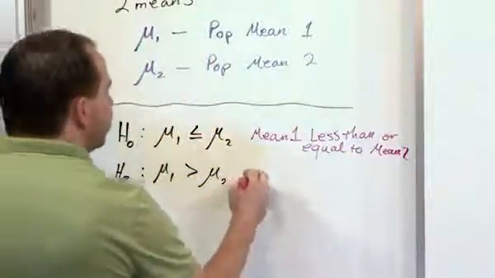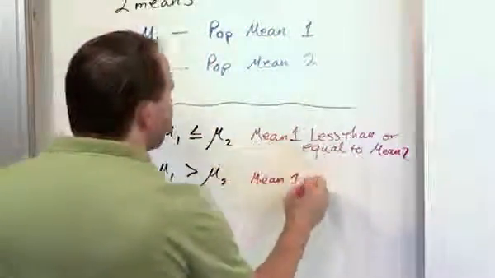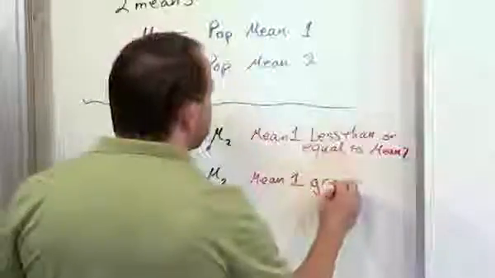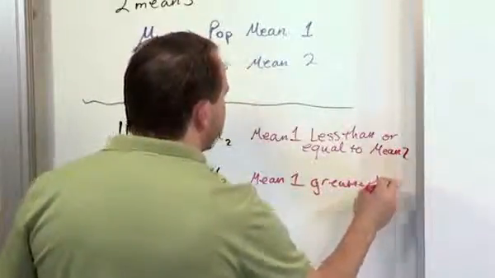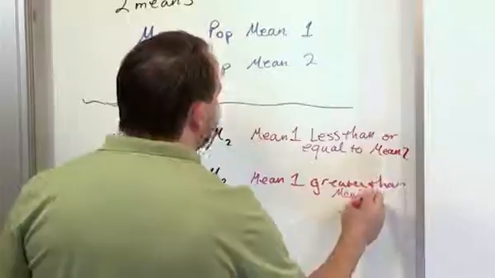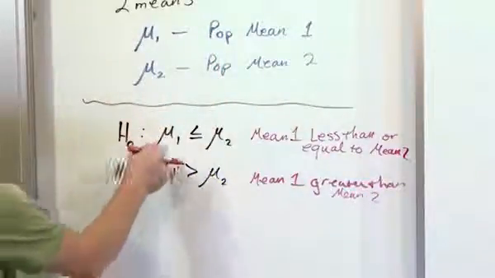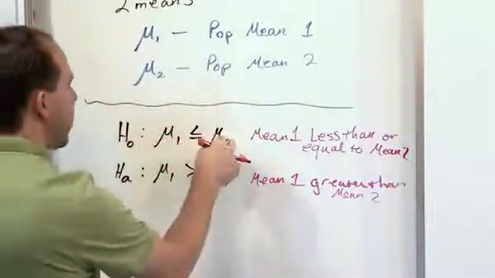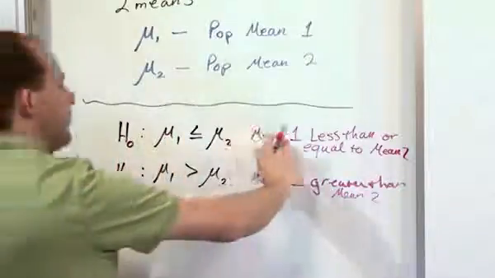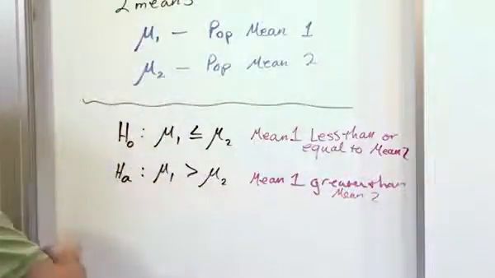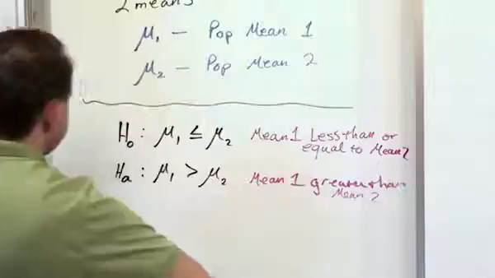And this one means that mean 1 is greater than mean 2. This is very easy to understand because I have something on the left side of the inequality and something on the right, and you can read this in terms of a sentence. But typically, you don't really write it like that.